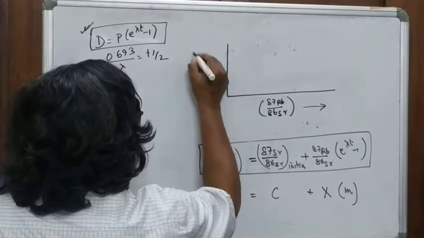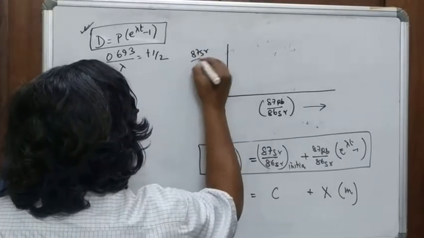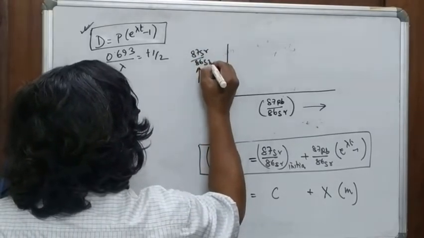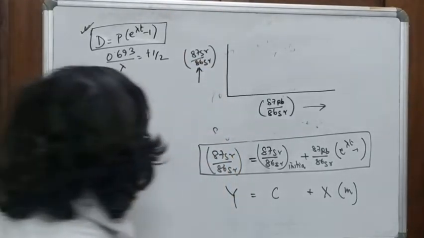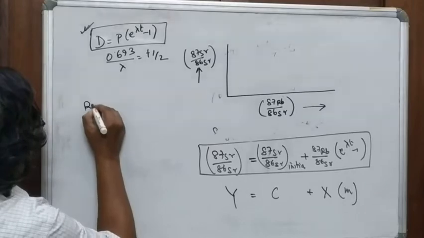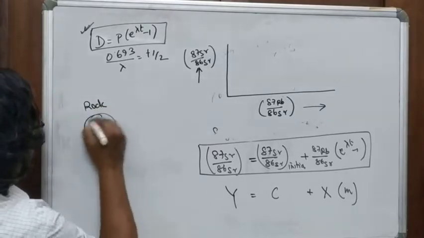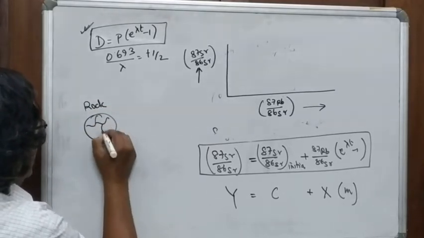And here we have 87 strontium by 86 strontium if we plot. Then say, for example, a rock which has minerals A, B and C.